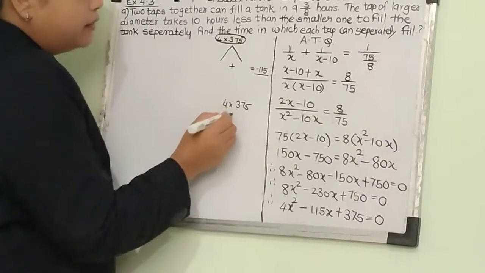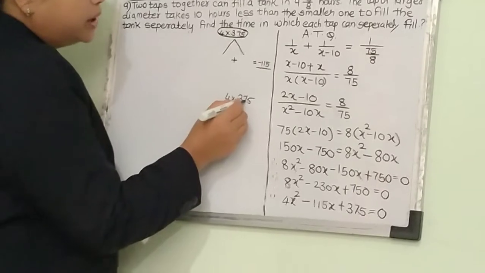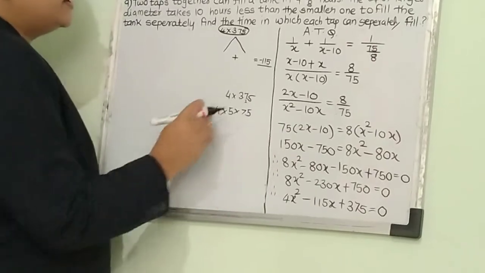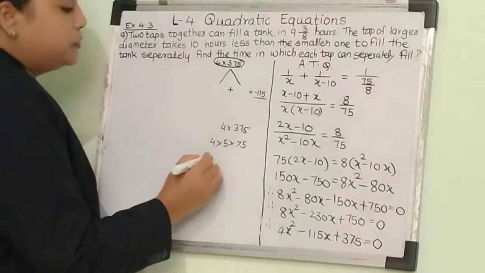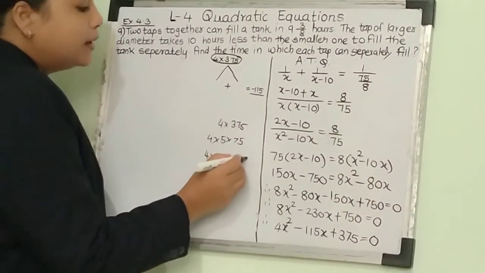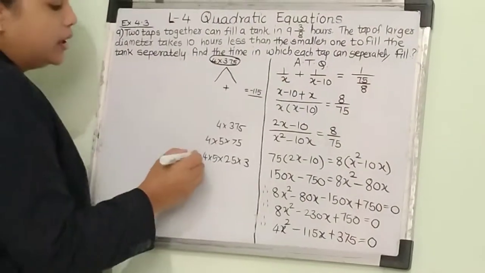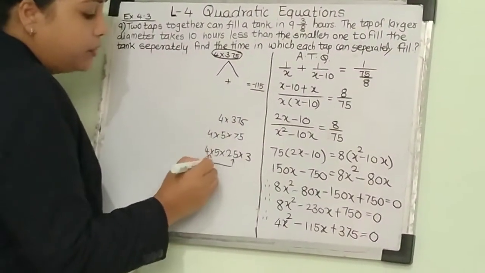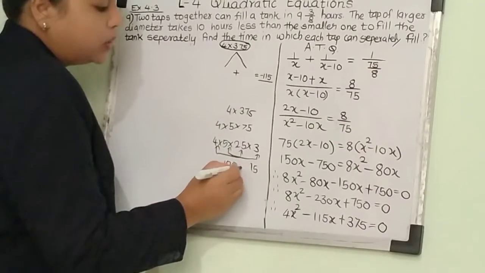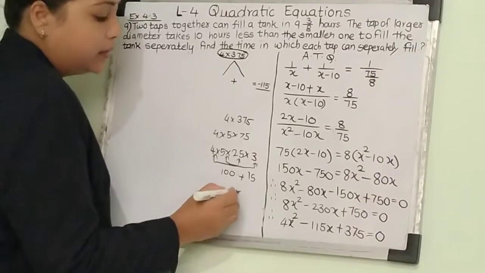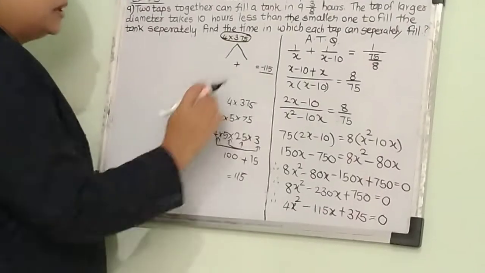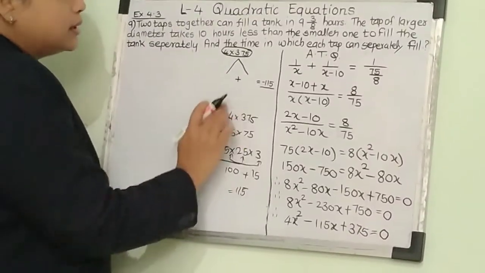Taking 5 into 75, which is 25 into 3, 25 fours are 100 and 5 threes are 15. If we add them we get 115.